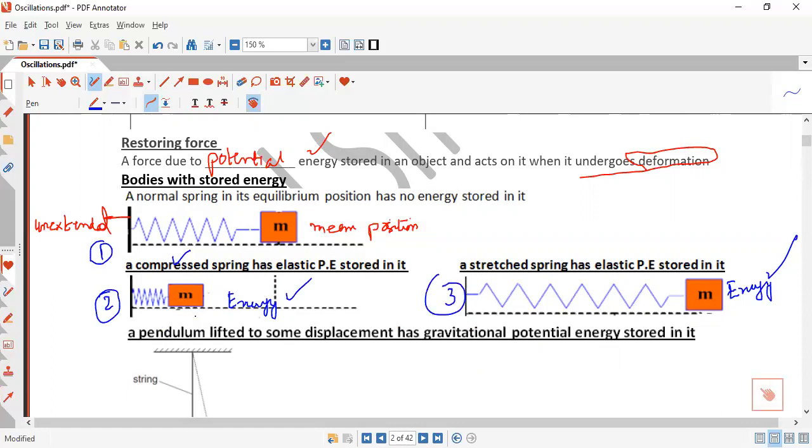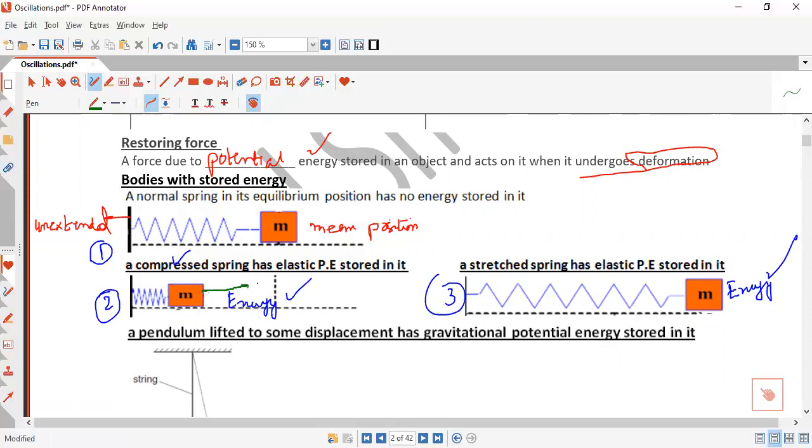What do you think in the second case, if let's say we have compressed the spring and we just release the mass, or let's say we don't release it, I'm just holding it at this position, then in which direction will the spring be applying the force on the mass? Towards right.